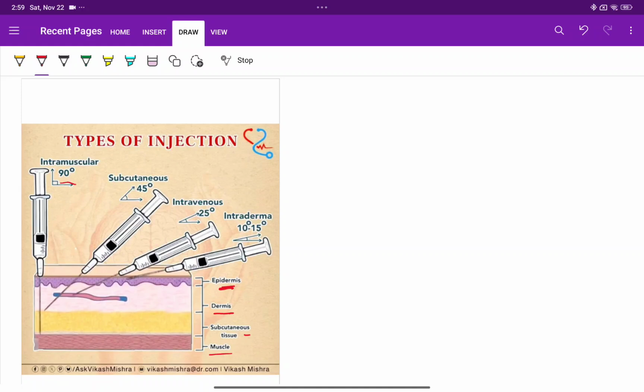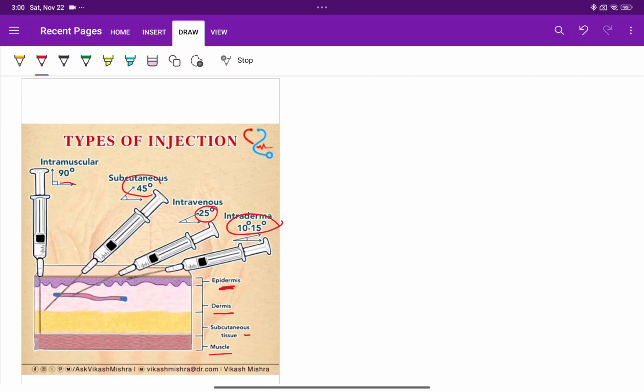While giving subcutaneous, we need to reach the subcutaneous fat tissue, we should be at 45 degree. If we are reaching the vein in the dermis layer, we have to go at a 25 degree angle while giving the injection. Intradermal injection usually needs to be given in the epidermis layer, around 10 to 15 degrees angle of injection.